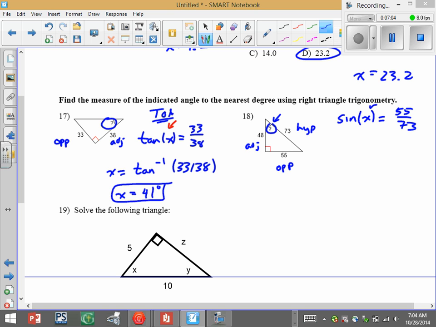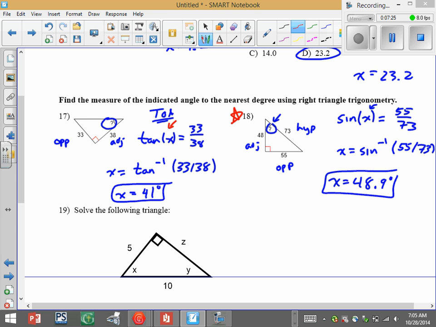Since x is in the parentheses, we need to do the inverse, so second sine inverse, and then just type in 55 over 73. And that is x equals about 48.9 degrees. Now you could have used cosine or tangent with number 18 because I gave you all three sides. I just picked sine because it was first.